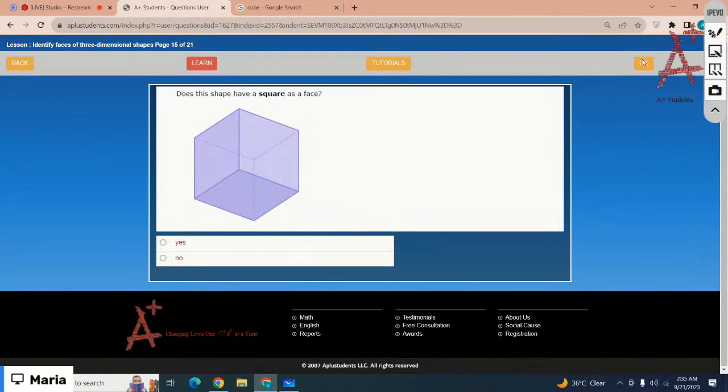Does this shape have a square as a face? The correct option is yes.